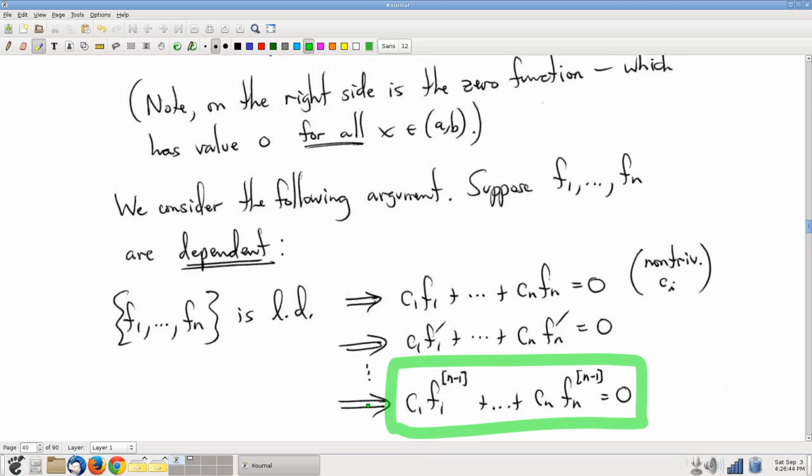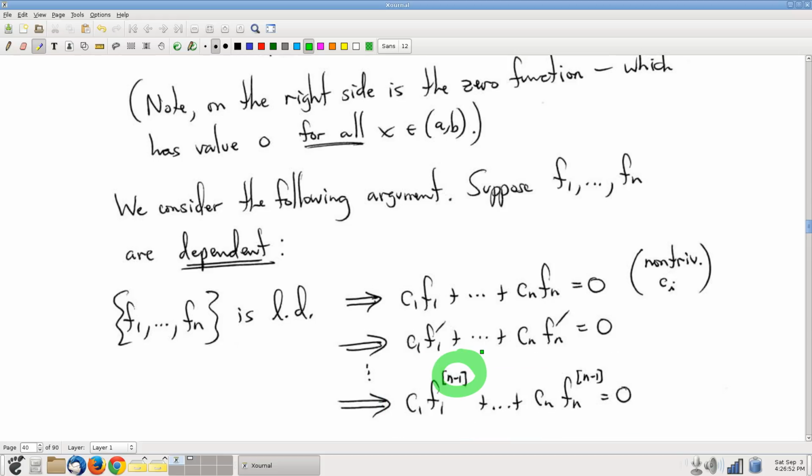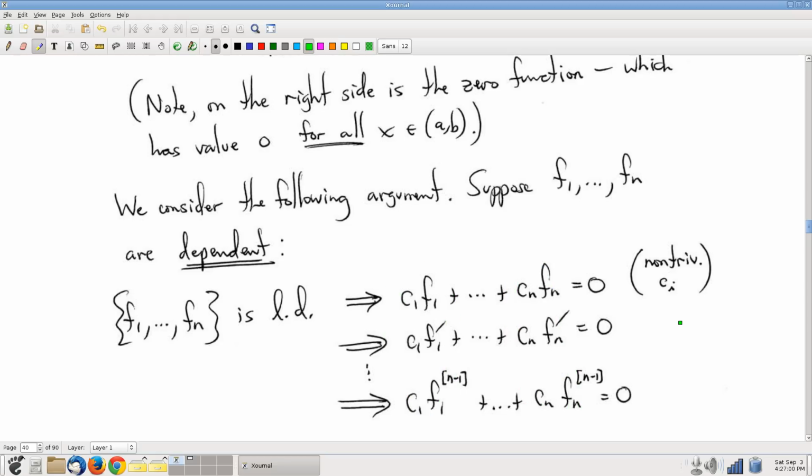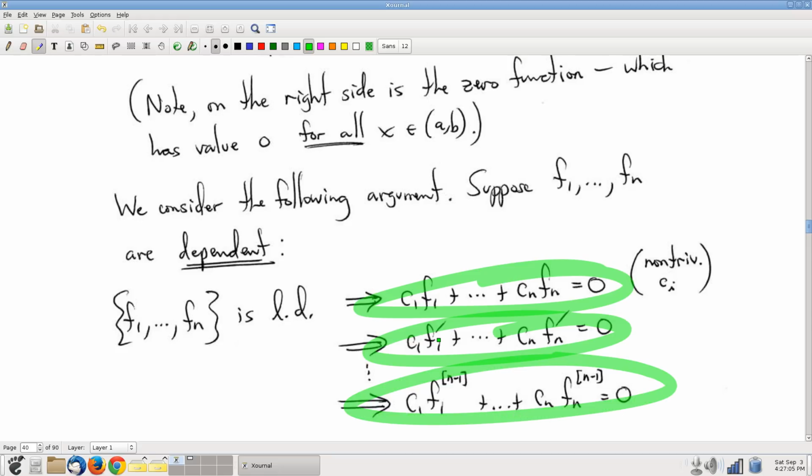Now this is all perfectly legal algebra. It's not clear why this is useful, but it is legal. Now the reason we stop at n-1 is because at this point you'll notice that there are n terms in each of these equations, and I have n equations.